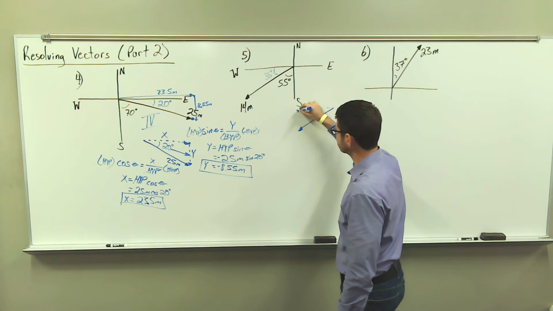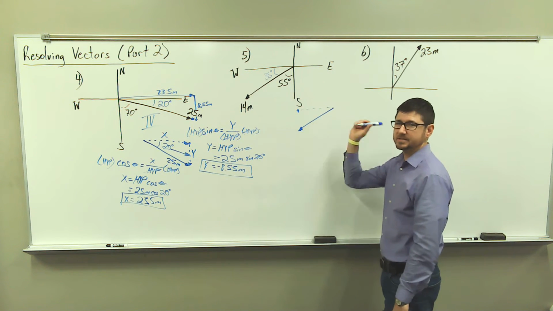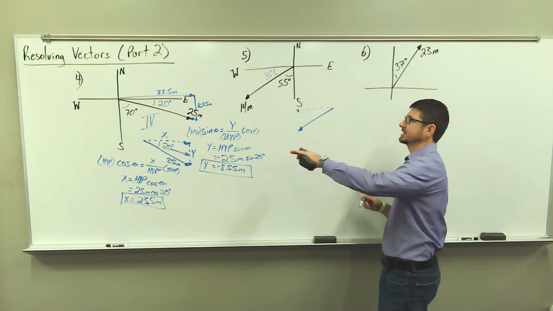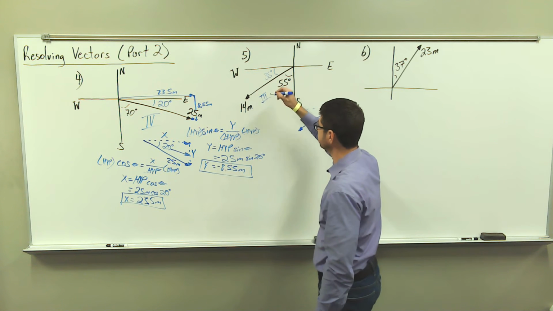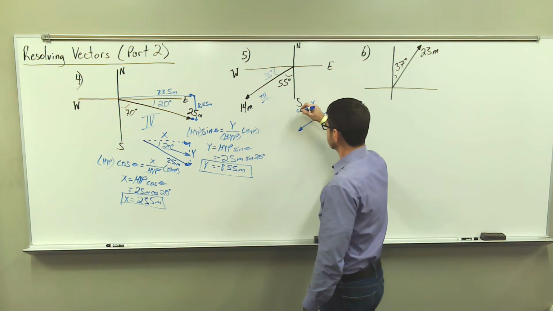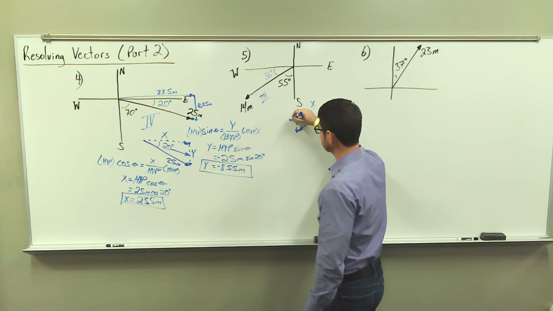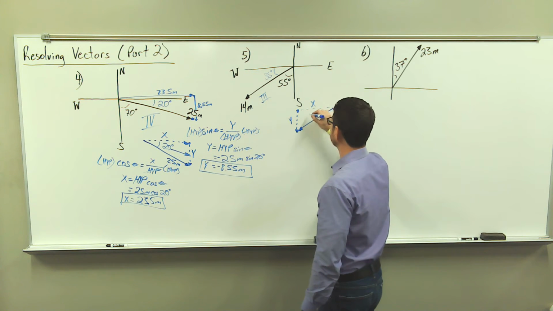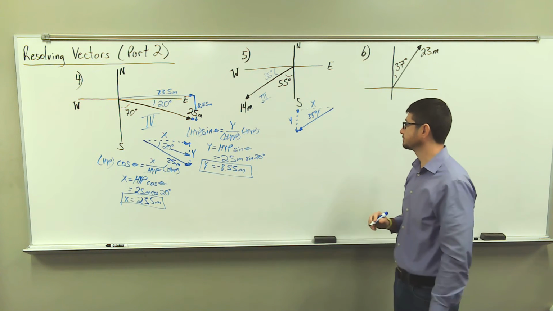So we have an x component, and we can already see that our x component is going to be negative because we're traveling in the negative x direction. We are in quadrant number 3. So there's our x, and right here is our y, and our reference angle is 35 degrees.